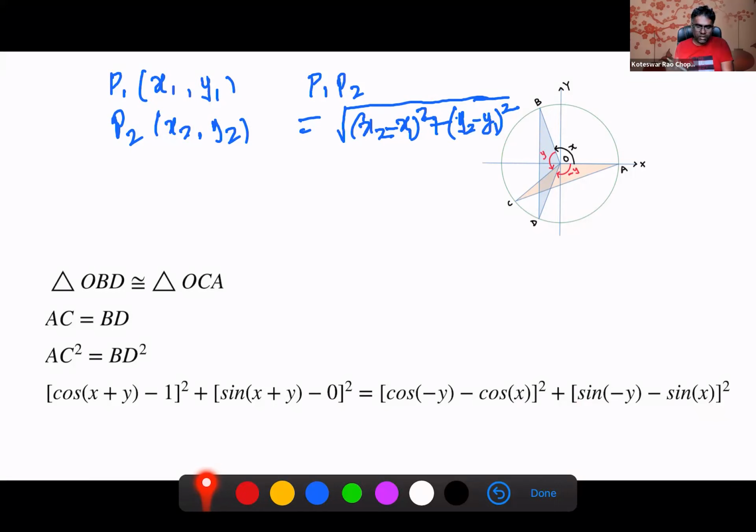So we are squaring. Once you write that the squares of the distances are equal, you need to just use your a minus b whole square, open this up, and see what this leads to. I think I'll pause here.